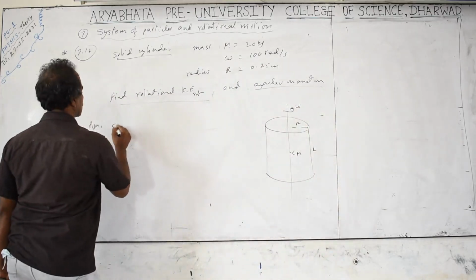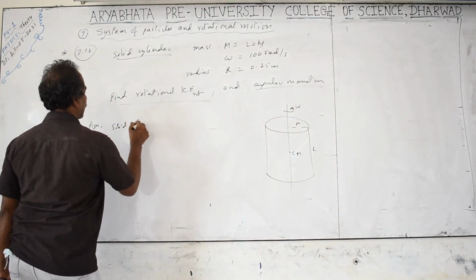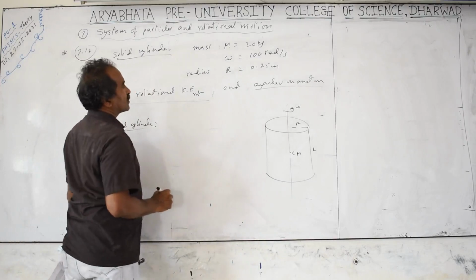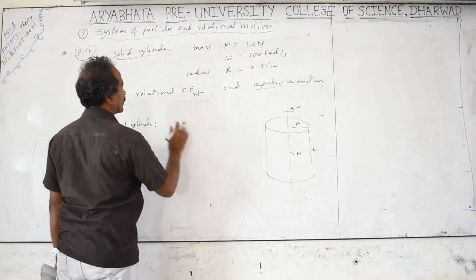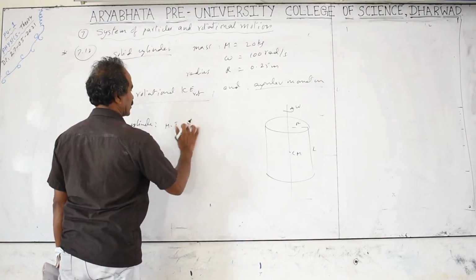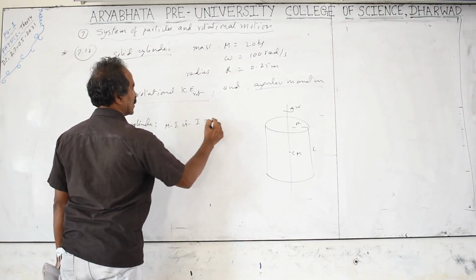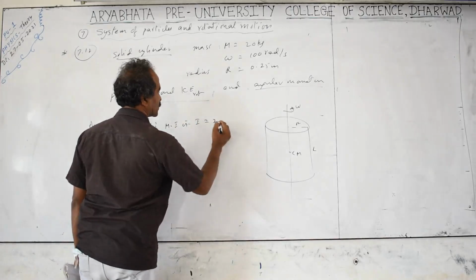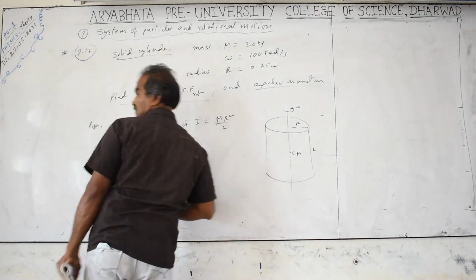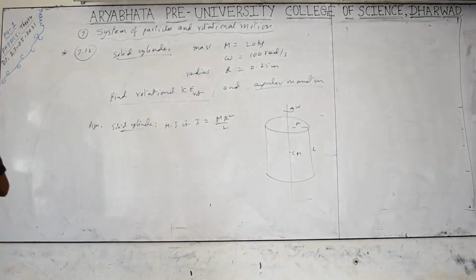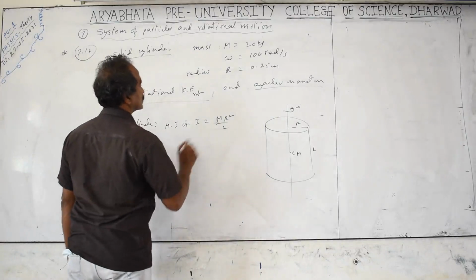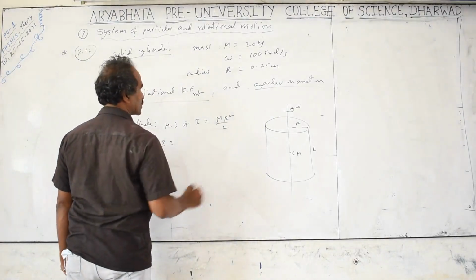This is a solid cylinder. What is the relation for I? The moment of inertia is I equal to mr square by 2, about the center of mass.